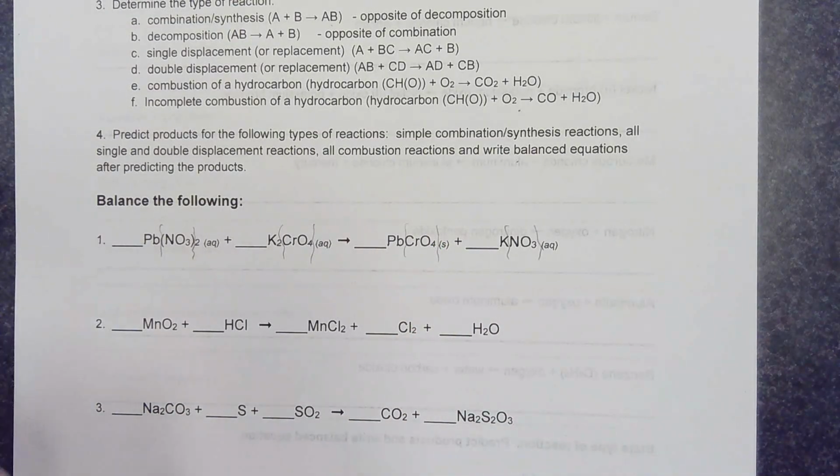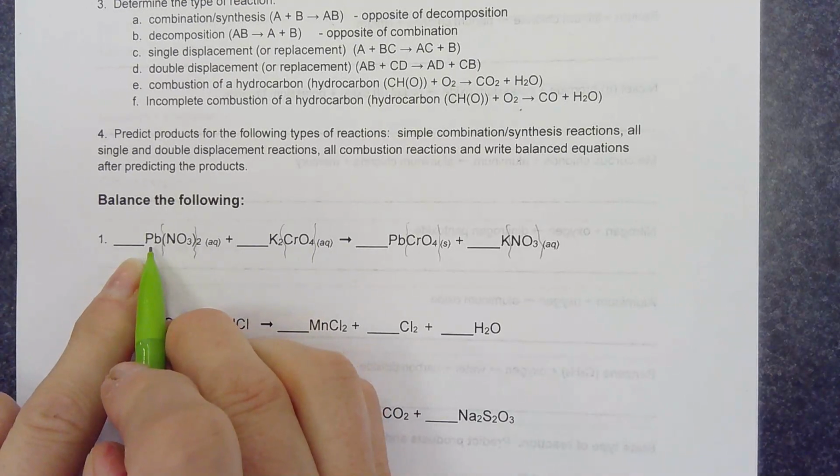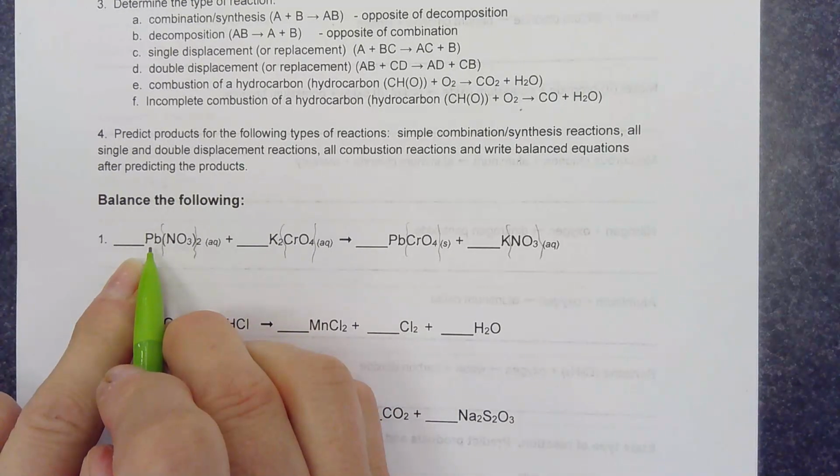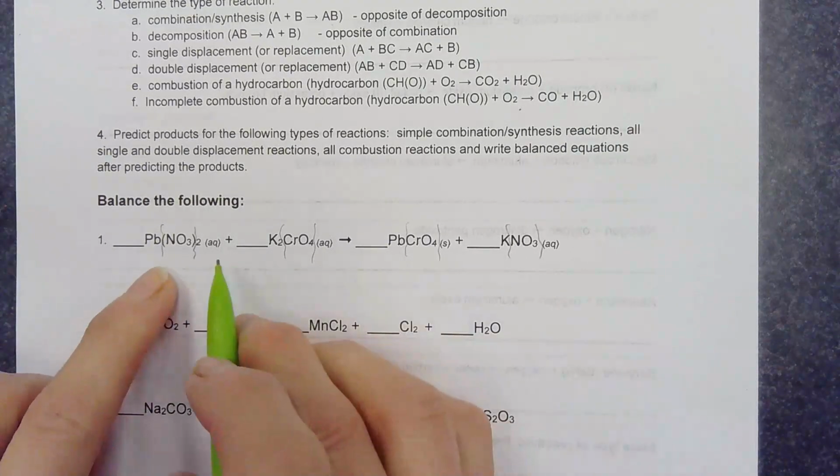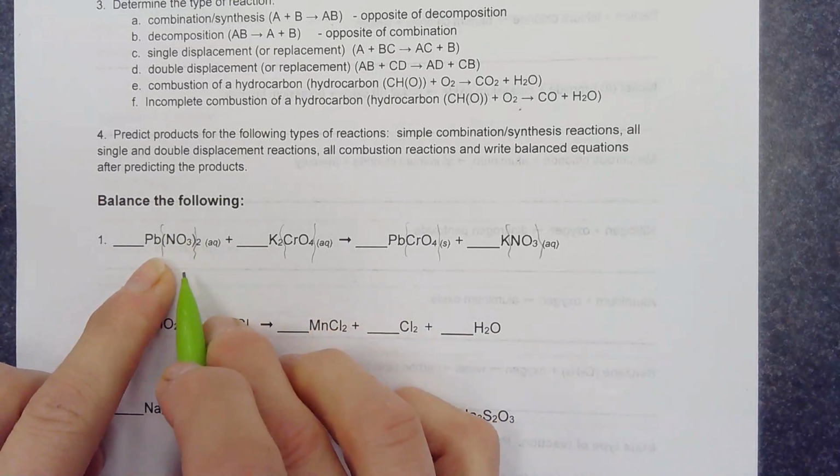Now, I don't write everything down. This is not rocket science, and even if it were, you could do it. It's not hard. Count. Don't write it down, just think. How many Pb's? 1. How many Pb's? 1. So in our brain, check. How many nitrates? 2.